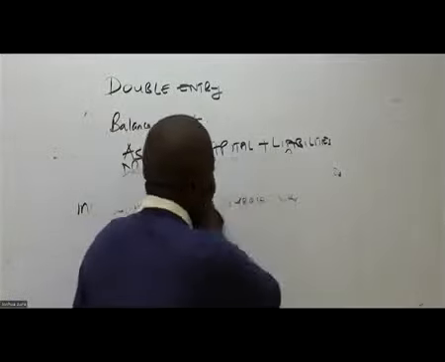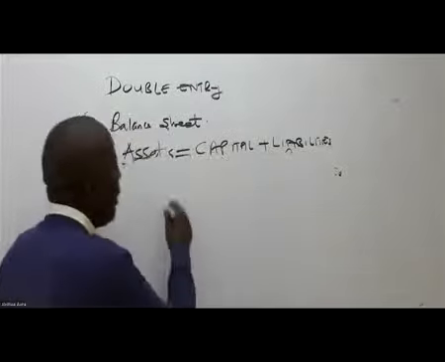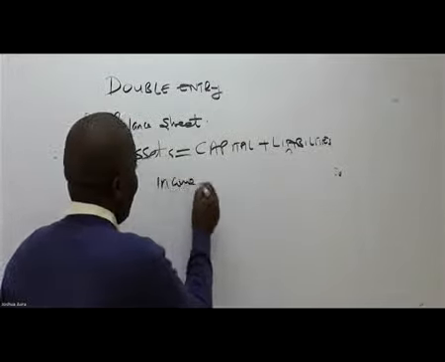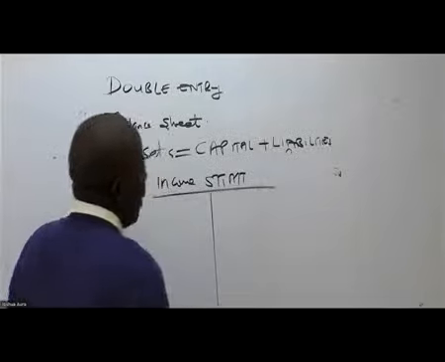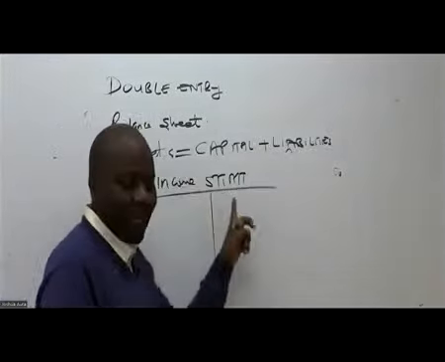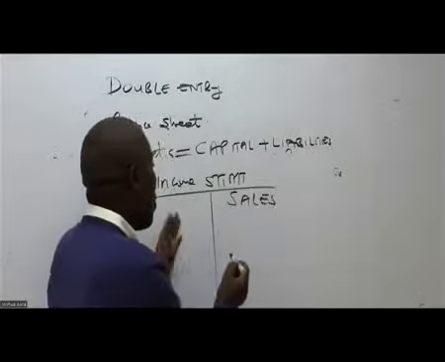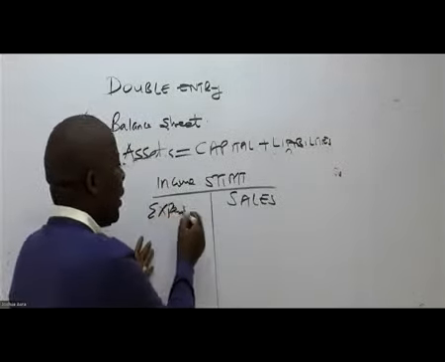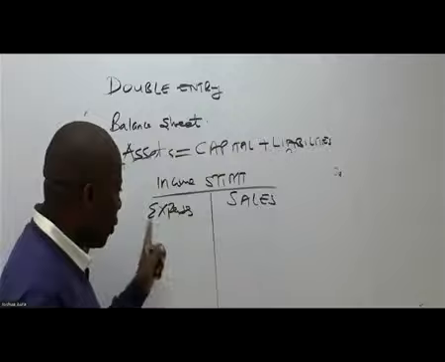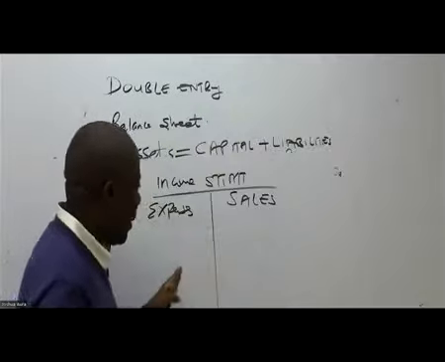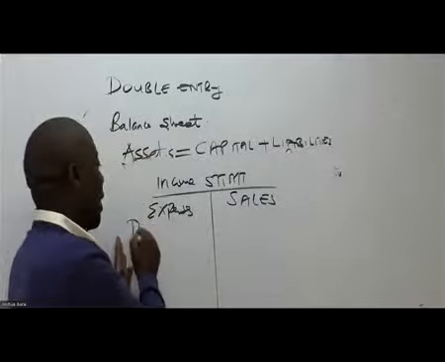And of course, ladies and gentlemen, we have our income statement. If I present this income statement in the form of a T account, which nowadays we don't do, remember the incomes were always credited. So here we have the sales, and on the debit side, the costs, the expenses.